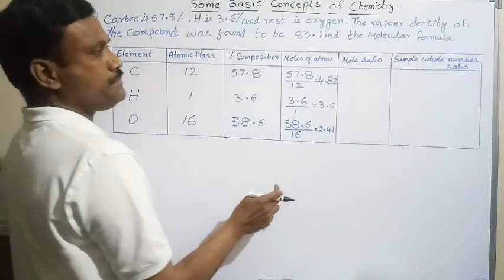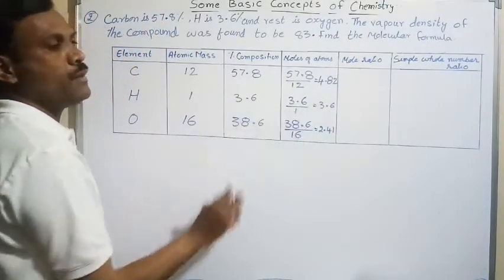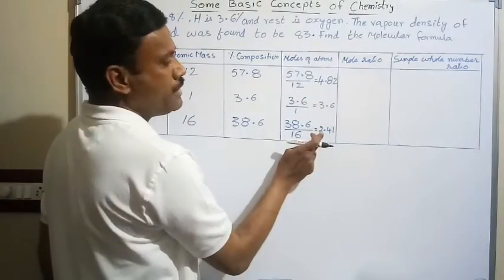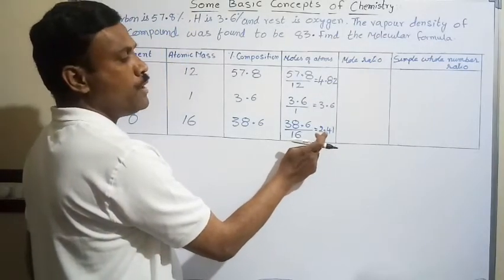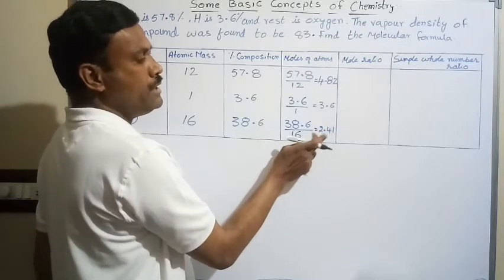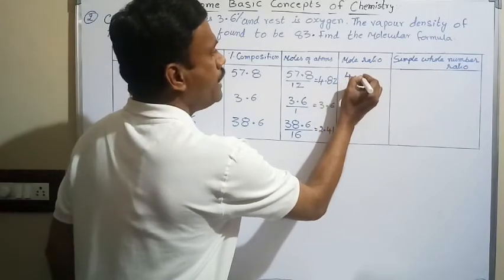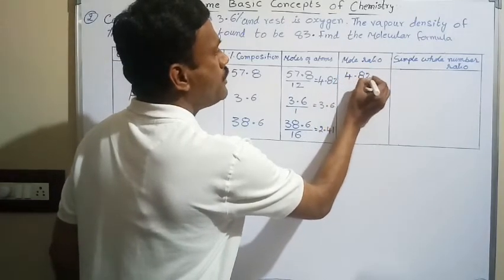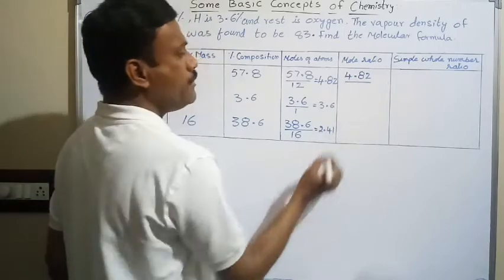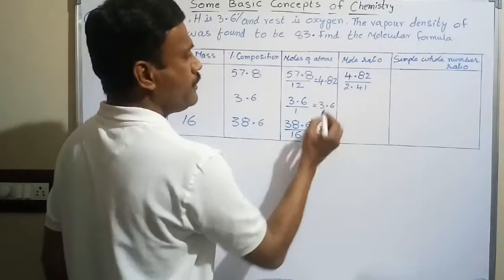Next, the mole ratio: divide the moles of atoms by the smallest number. Here the smallest number is 2.41. So 4.82 divided by 2.41 gives 2.